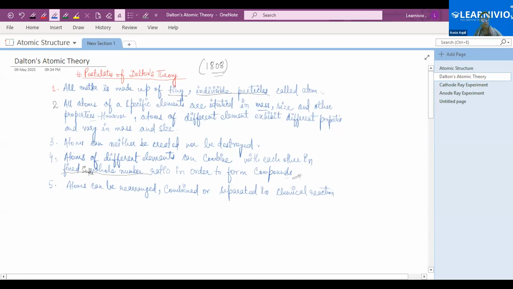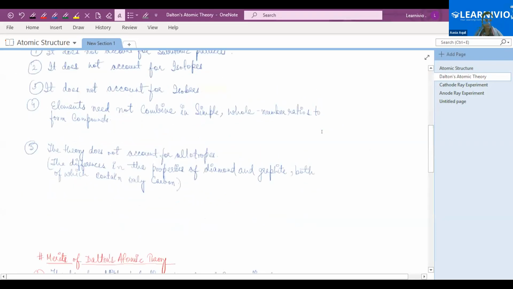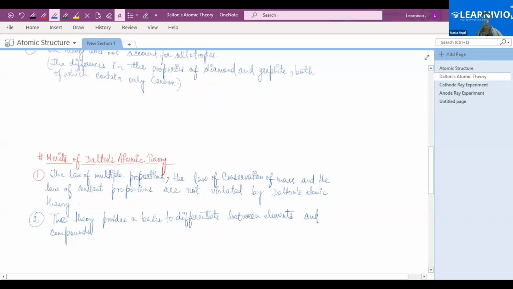I have mentioned here the merits of Dalton's atomic theory. The first merit was that the law of multiple proportion, the law of conservation of mass, and the law of constant proportions are not violated. He just followed these laws in his theory.